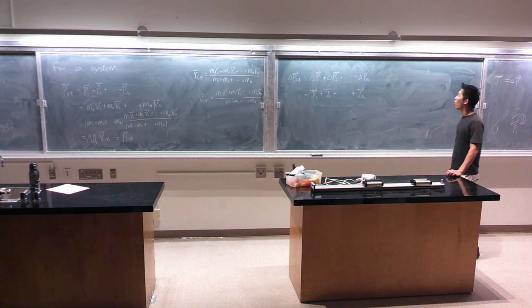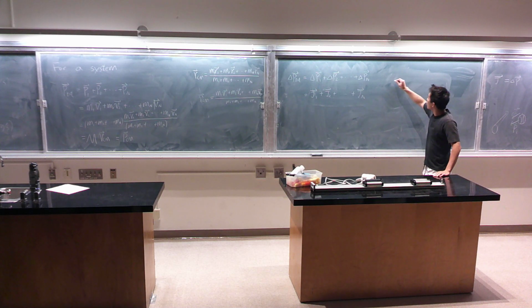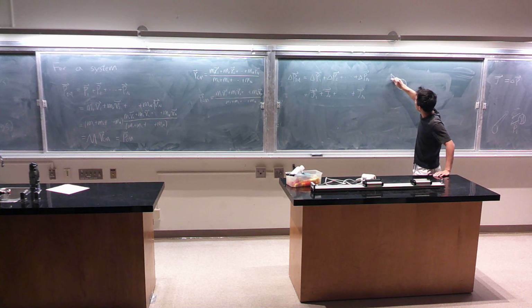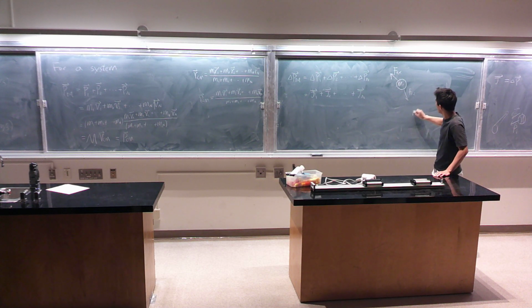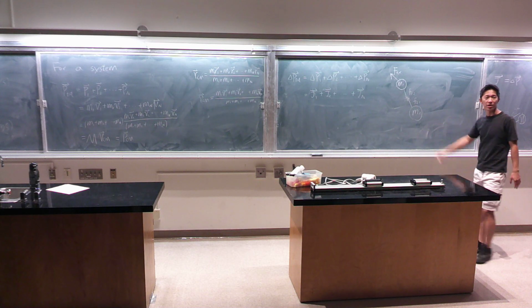Now, when you look at the impulse on the first particle, it comes from external force and internal force. I hope you still remember what is internal force and external force.